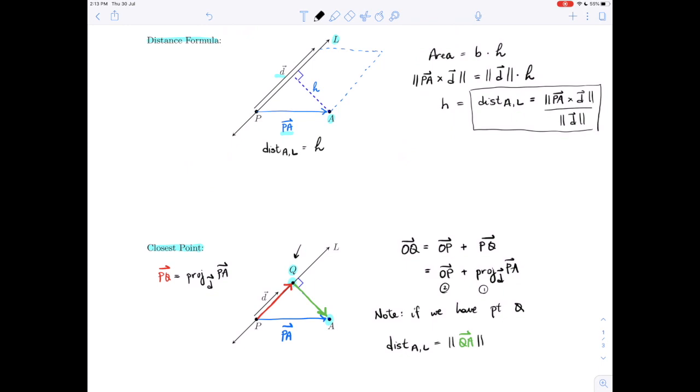Incidentally, vector QA in terms of our projection notation is the orthogonal component of PA relative to D. So if you have point Q already, you don't necessarily need to use the distance formula. You can use point Q to calculate the distance from A to L just as well.